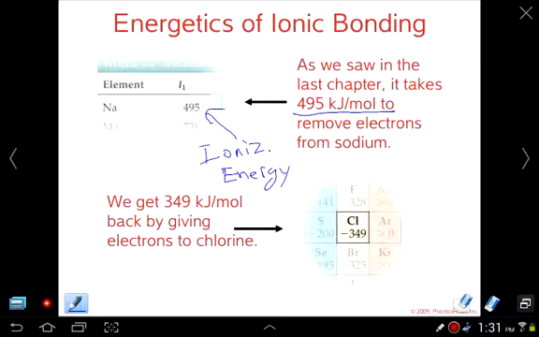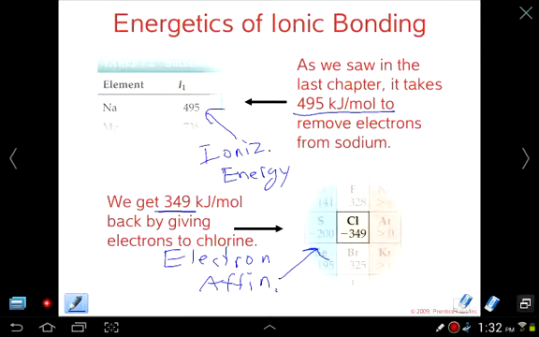And then if you give chlorine an electron, something called electron affinity, you receive 349 kilojoules, because recall electron affinities are negative. These numbers are electron affinity numbers.